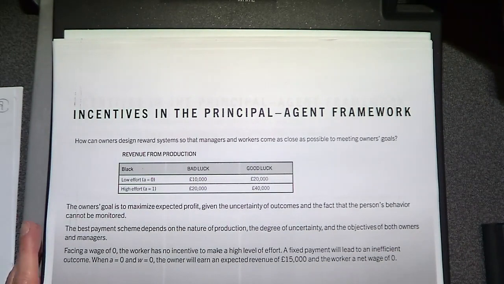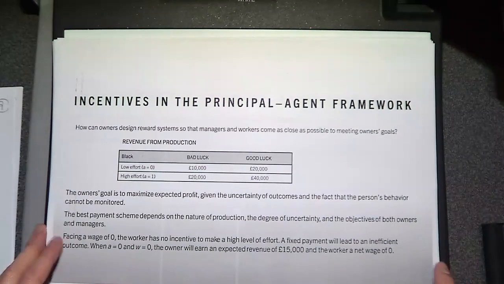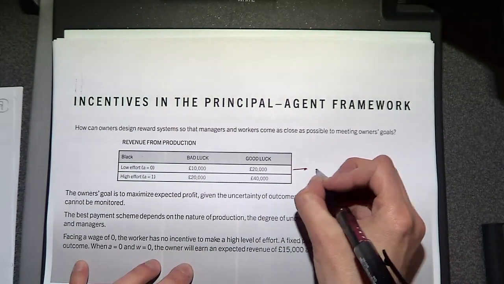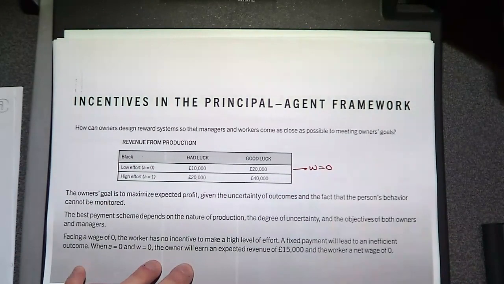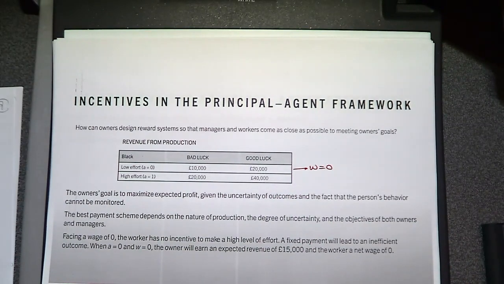So in this case, the worker makes a low effort. The salary here will be 0. So the first type of agreement that could be made is an agreement of the salary depending on the total revenue. These are different ways of solving the principal-agent framework. It depends a lot on the industry. There are many types, depending on the specific industry that you read about.